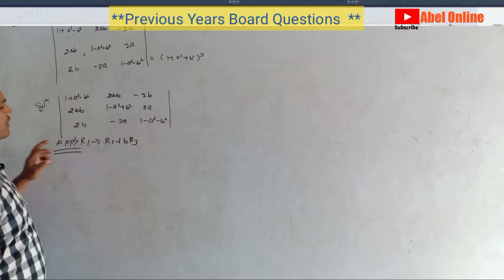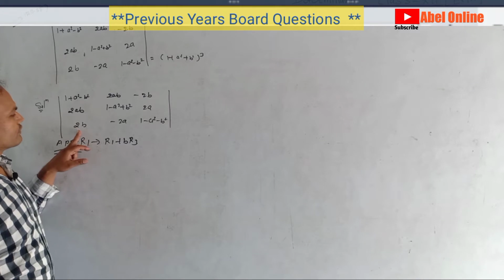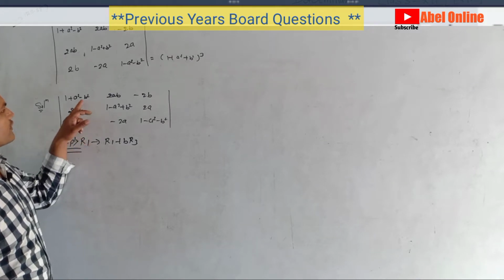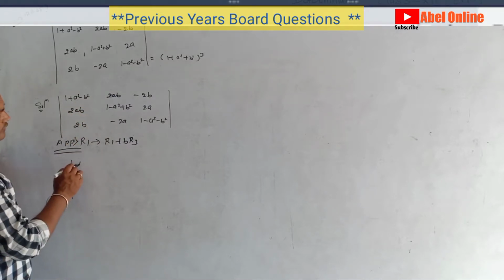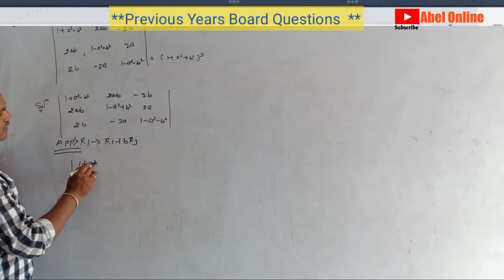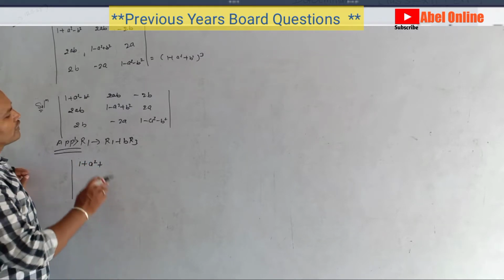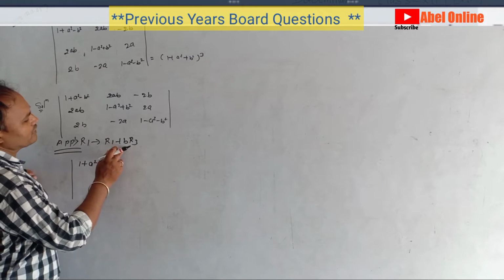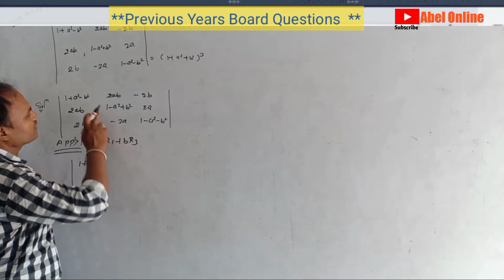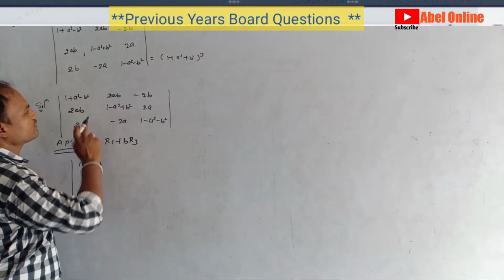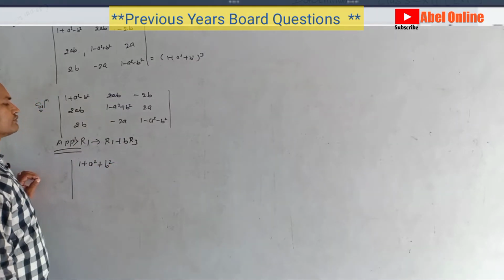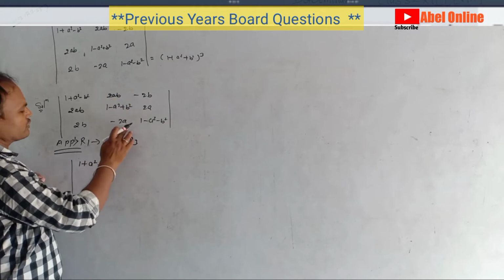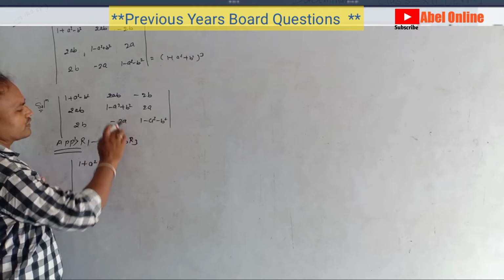Because when I multiply this row by b, the entry 2b becomes 2b square, and if I add, it is 1 plus a square plus 2b square minus b square, so it is 1 plus a square plus b square. What about here? 2ab and minus 2ab, if I add them, that is 0.